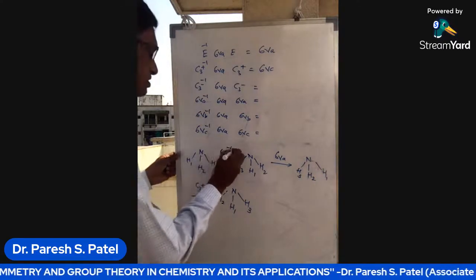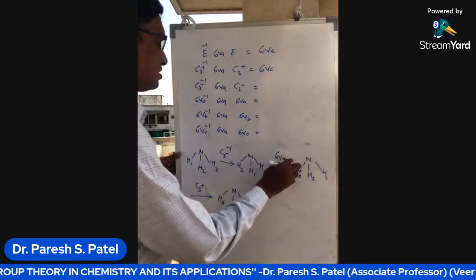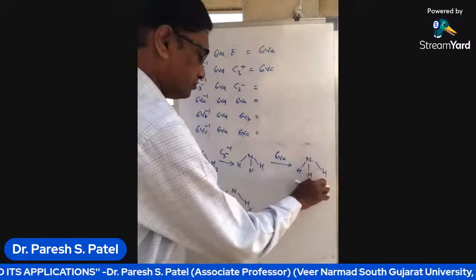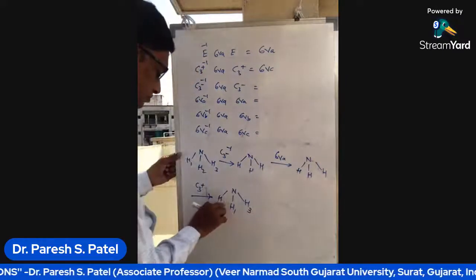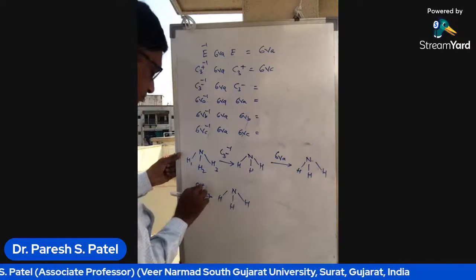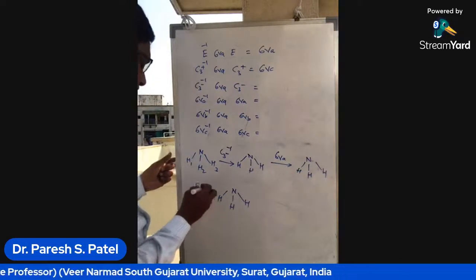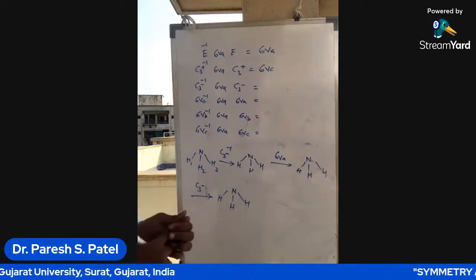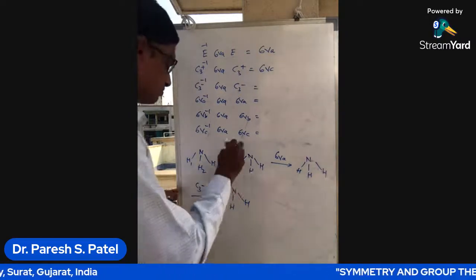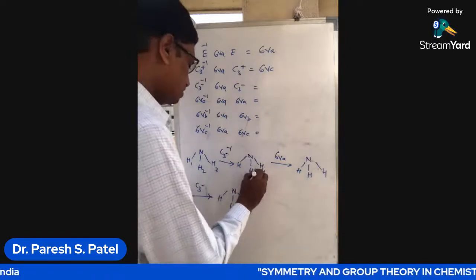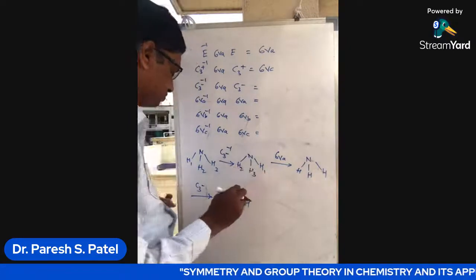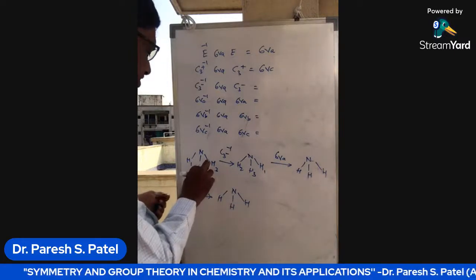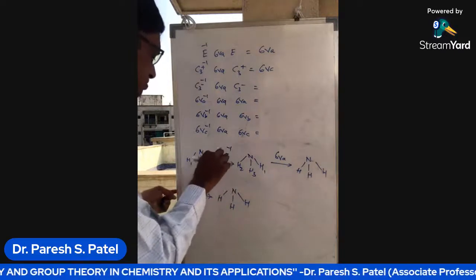C3 minus inverse, sigma Va, C3 minus. For C3 minus inverse, it means one time clockwise rotation. So 1, 3, and 2; 1, 2, and 3.